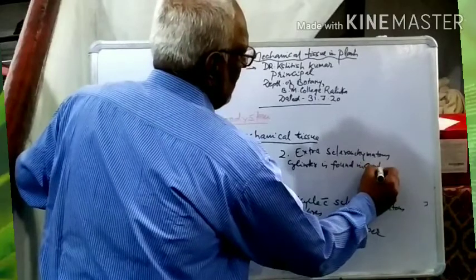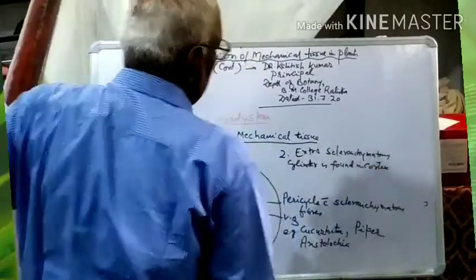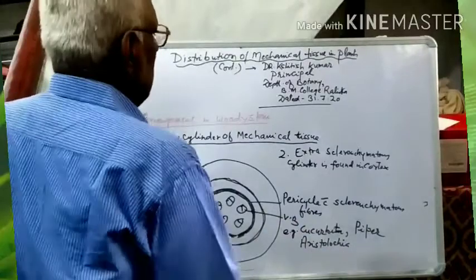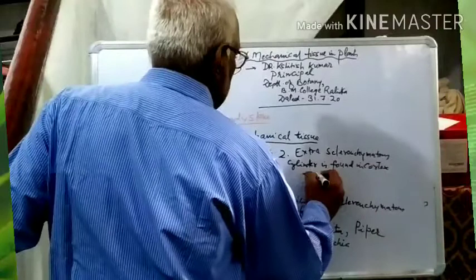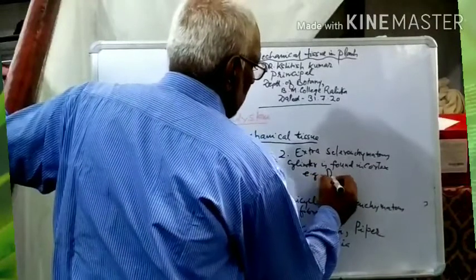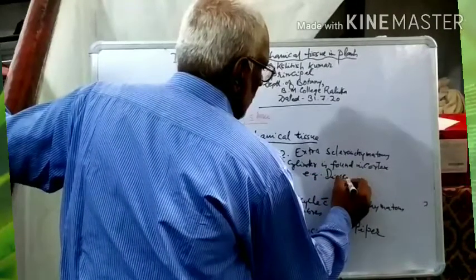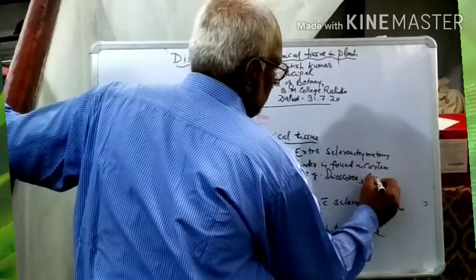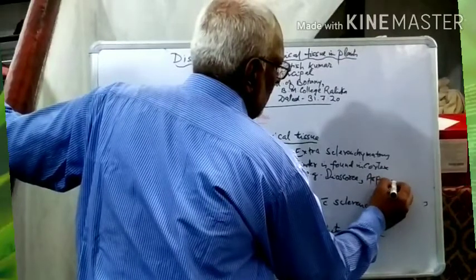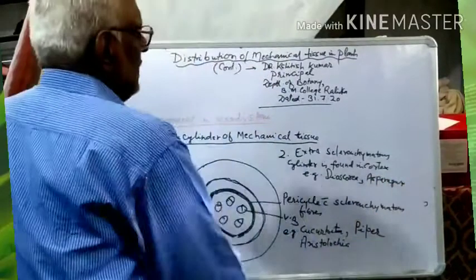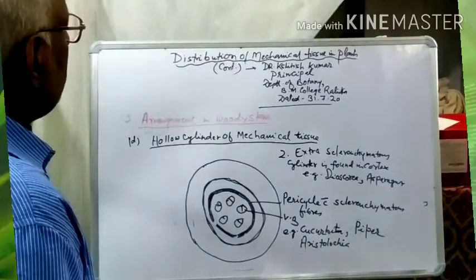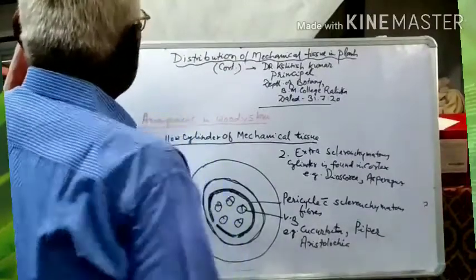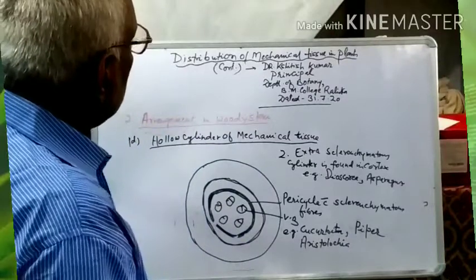That is the additional cylinder that gives maximum support to the plant, and this is reported in Dioscorea and Asparagus. So these are the two different types of arrangement in the heading hollow cylinder of mechanical tissue.